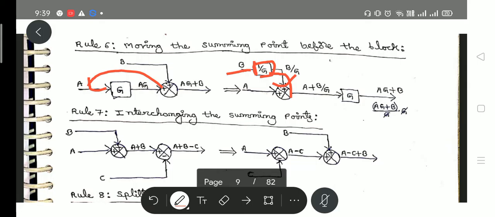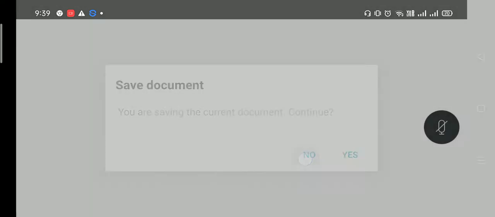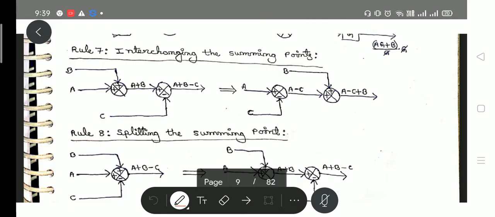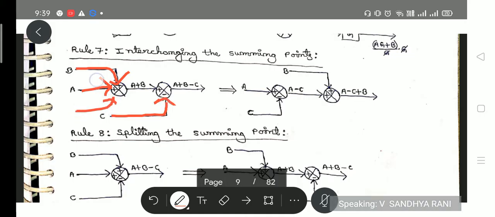Next, rule 7: interchanging the summing points. Here the summing point is connected to A and B, and here C. So I am taking this C here and this B here.